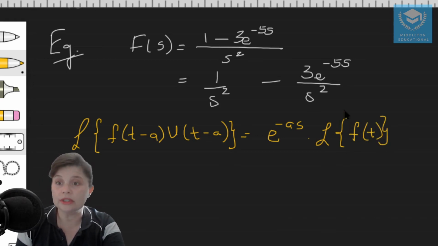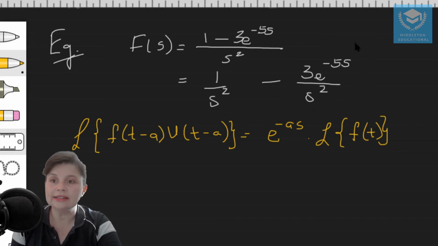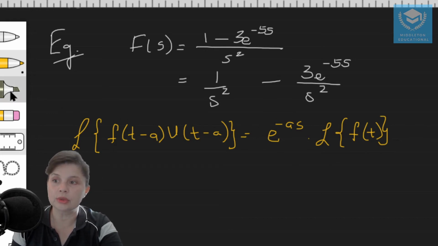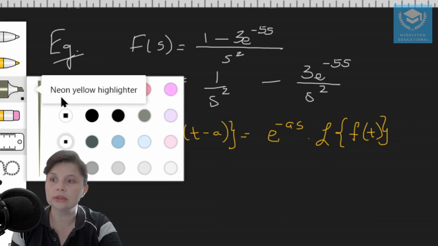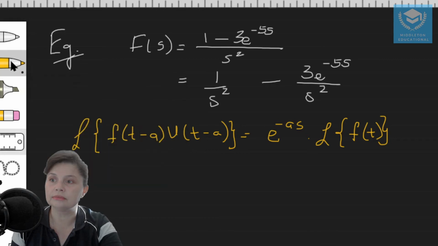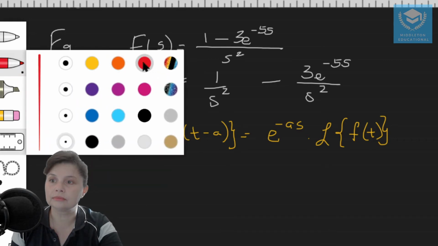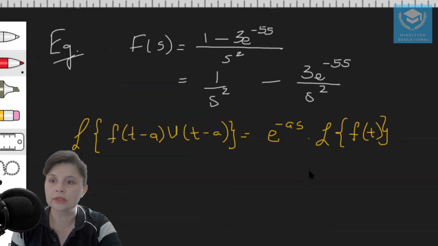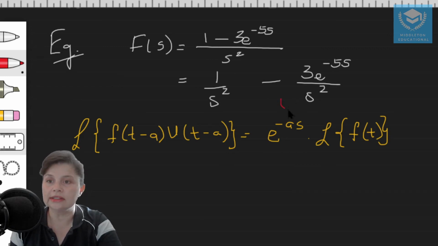Okay, so what we want to do is take the second term and put it in the same form as this side of the second shifting theorem. So we want it to look like this. So we want the second term to be in the same form as this one here.